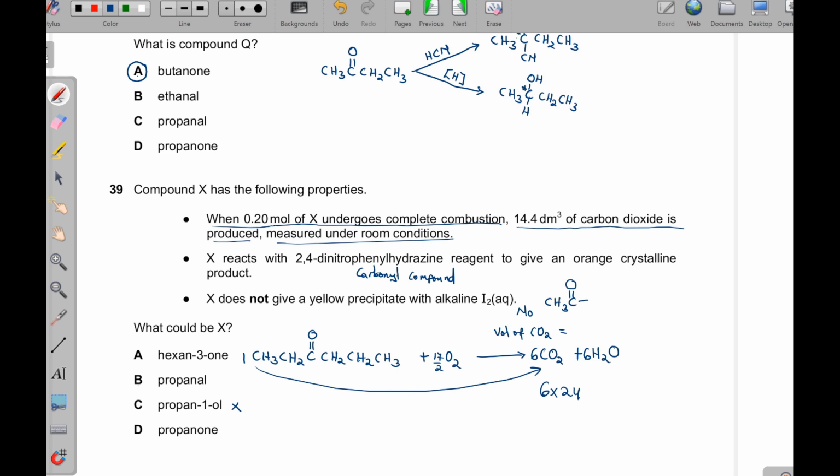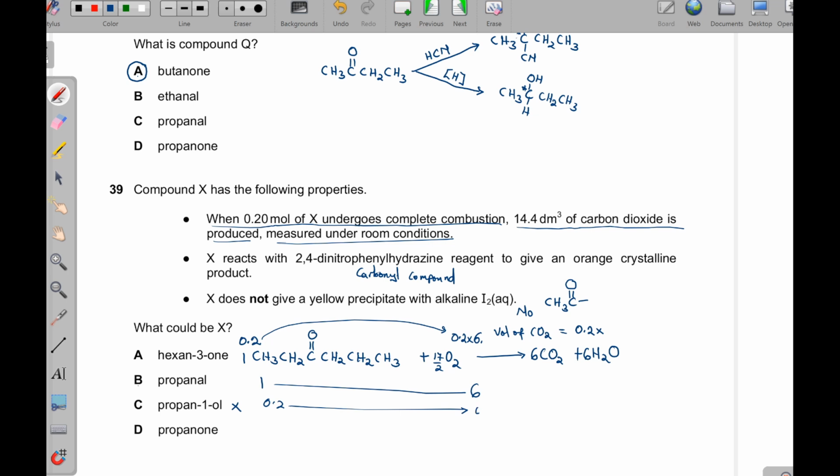Are we there? But now there is also this 0.2. So they didn't burn 1 mole, but they burnt 0.2. Because 1 mole gives 6, then 0.2 will give the 0.2 times the 6.